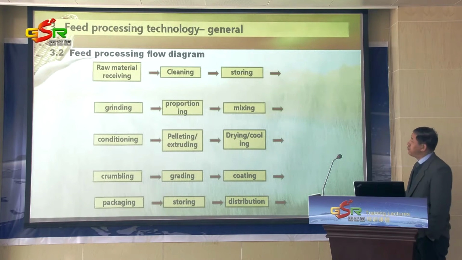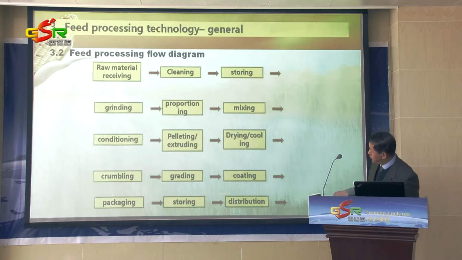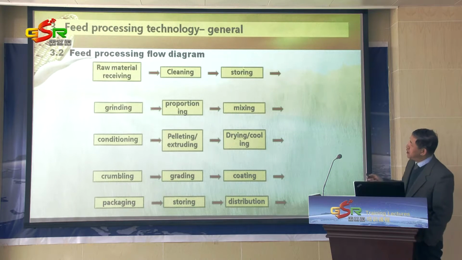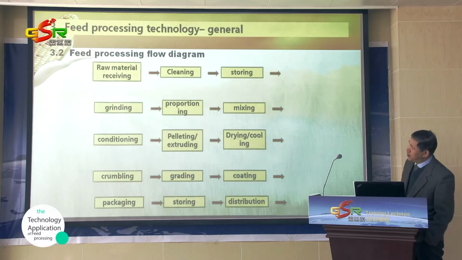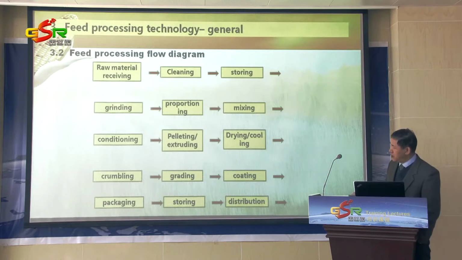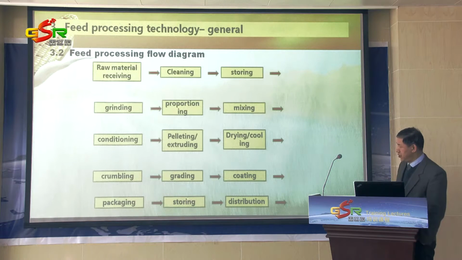Feed processing flow diagram, usually including this part: raw material receiving, then cleaning, then storage and grinding, proportioning, mixing, conditioning, pelleting or extruding, drying and/or cooling, and crumbling, grading, coating, packaging, storing, distribution.